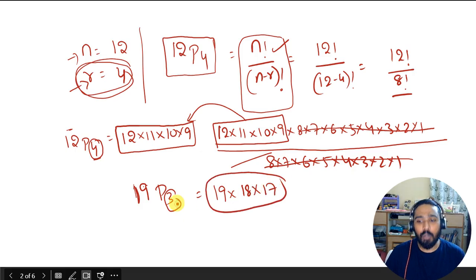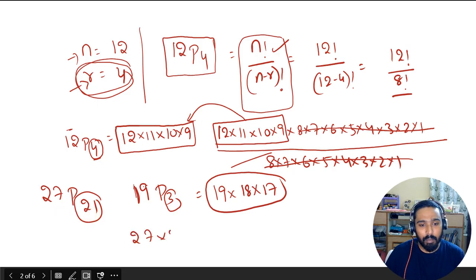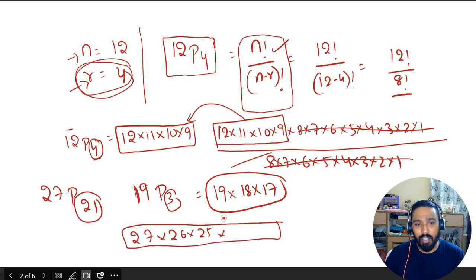Now you might have a doubt: if they ask you, for example, what is 27p21. Now here it is 21, so I have to drag it down till 21 numbers, right? हमको drag it down till 21 numbers करने पड़ेगा और उसको multiply भी करना पड़ेगा. Now in that case, the examiner will not ask you the value. Wherever it is possible, he will ask you.